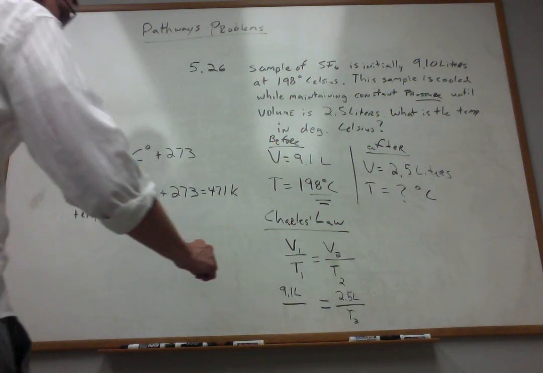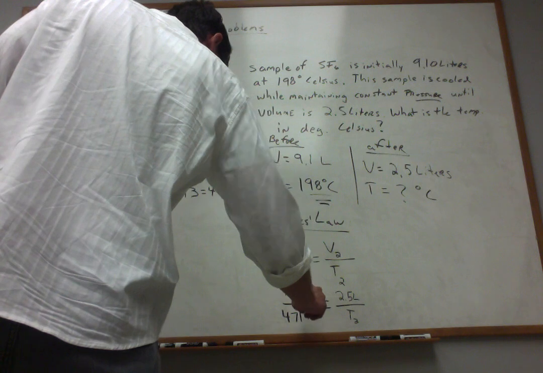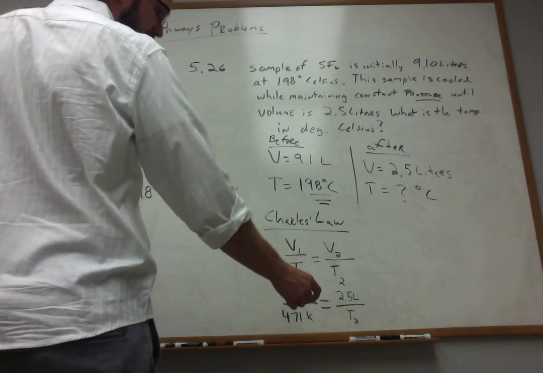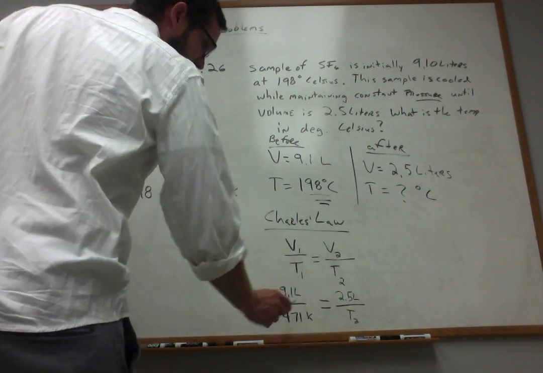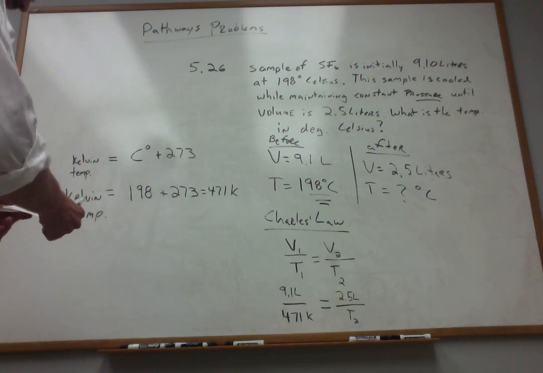That 471 is the number I need to put in here for my temperature. You must put Kelvin temperatures into these gas laws. I cannot stress that enough. If you don't, you're going to get the wrong answer. When we solve for T2, our next step, that T2 is going to be in Kelvin as well. So keep that in mind.